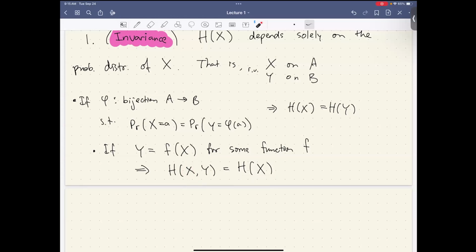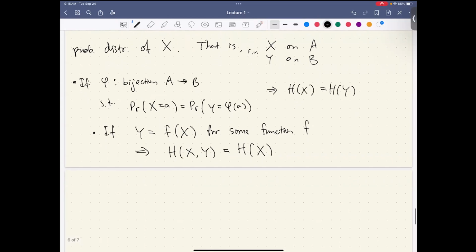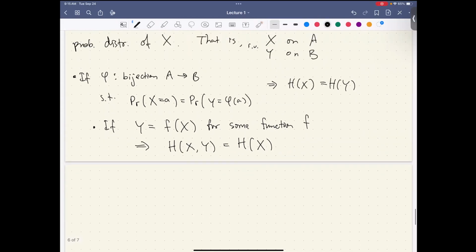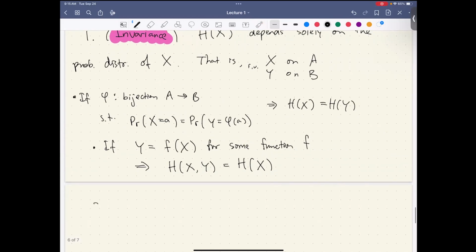The second property is called maximality. This one looks a little bit familiar with lemma 1. It's the second axiom.